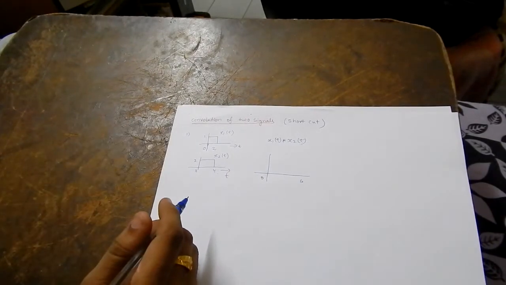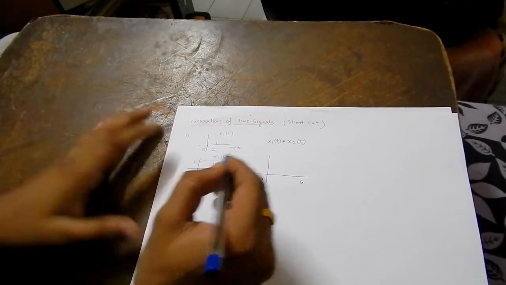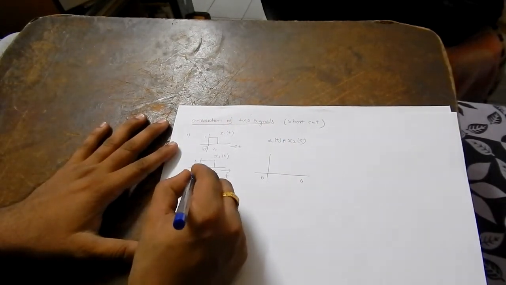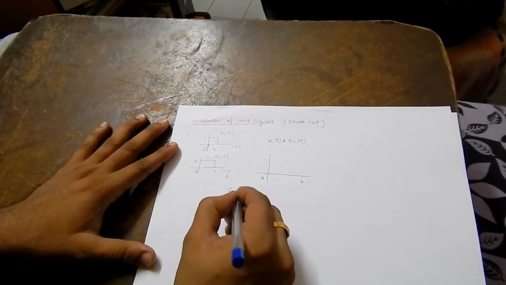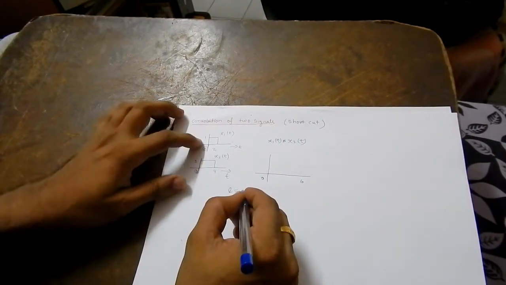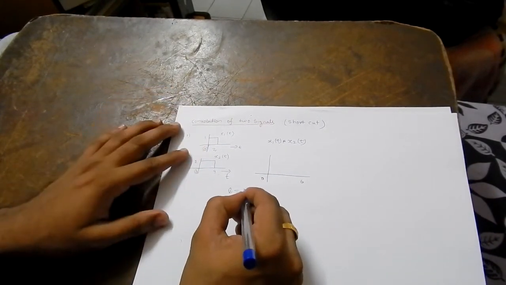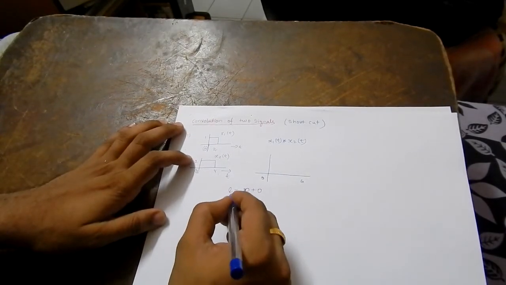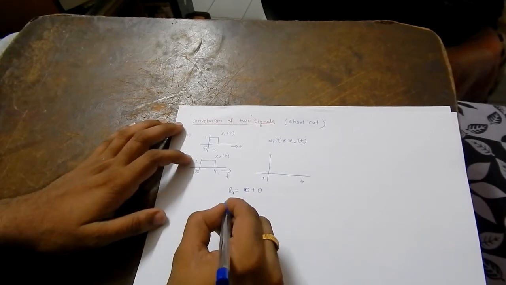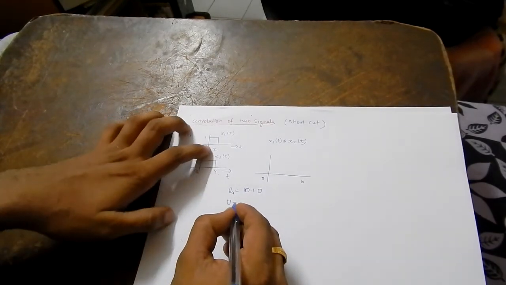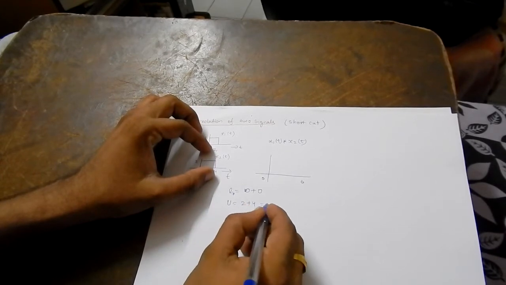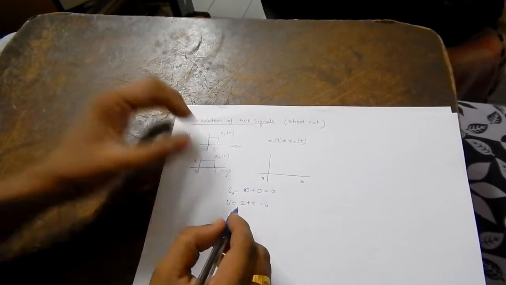How am I saying the limits are 0 to 6? The convolution of these two signals is decided by this: the lower limit is equal to the sum of the lower limits of x1 of t plus x2 of t. The upper limit will be the sum of the upper limits of these two signals, that is 2 plus 4, which is equal to 6, and this is 0.